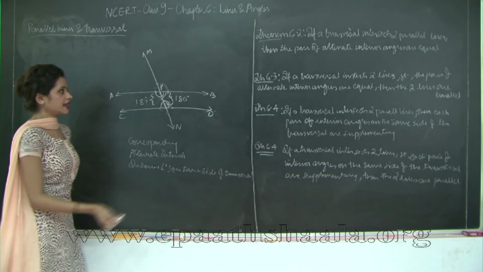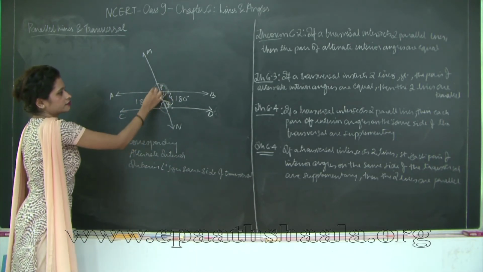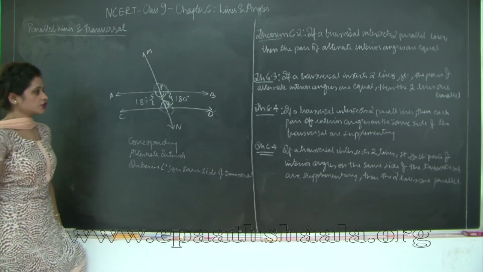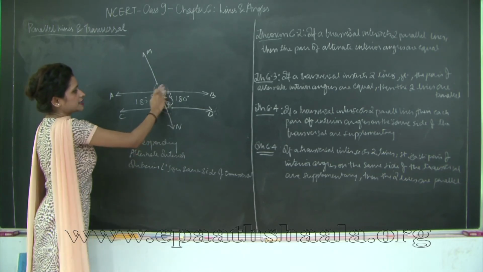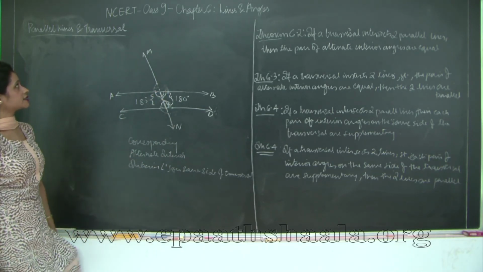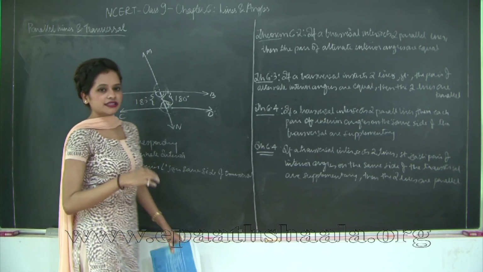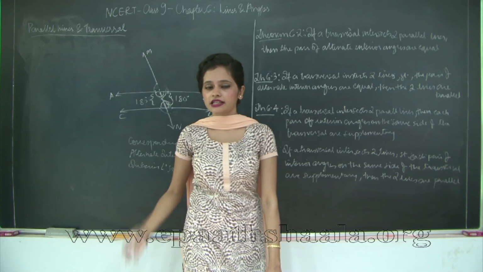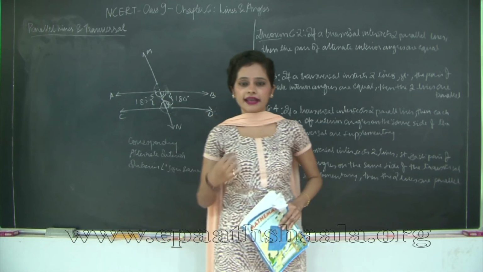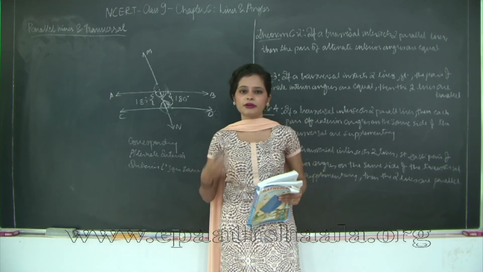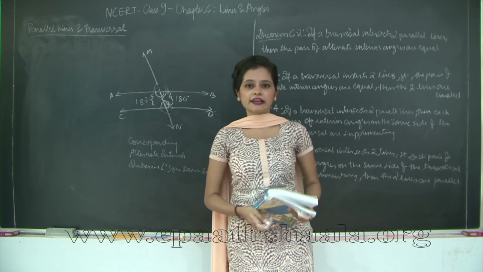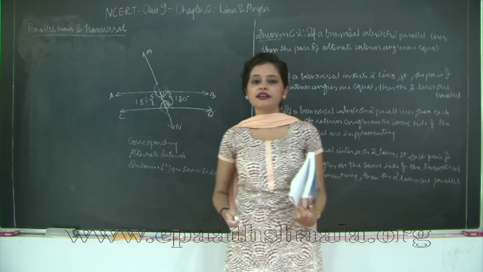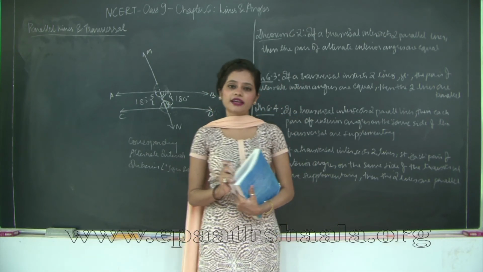We haven't really seen anything for alternate exterior angles. There was no proof or axiom for alternate exterior angles. With this we wind up the first section of parallel lines and transversal. We'll take a look at the next section where there are 3 lines or maybe 2 or more lines parallel to each other and the transversal intersects them in distinct points. So we'll take a look at that in the next class.